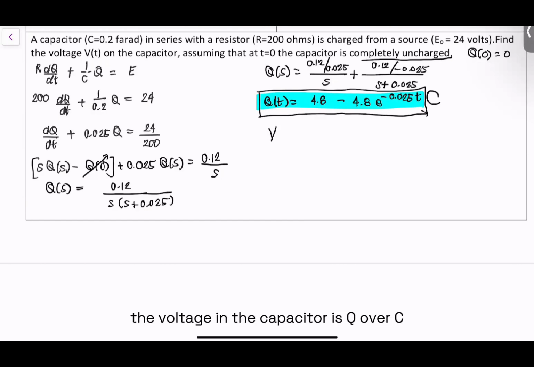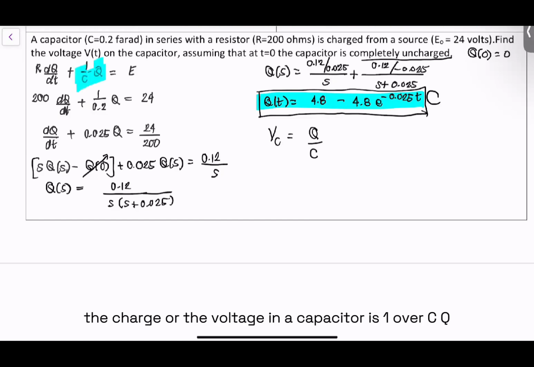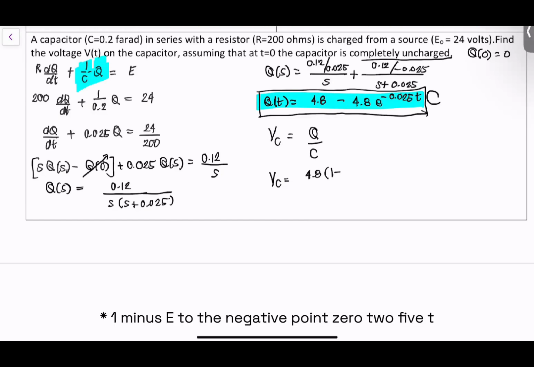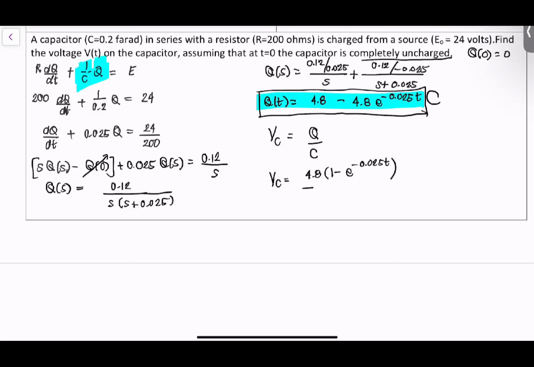The voltage in a capacitor is Q over C because the charge is CV. So we are also using this. The voltage in a capacitor is 1 over C times Q. So we divide the charge that we have computed by C. So the voltage in the capacitor is 4.8 times 1 minus e to the negative 0.025t, and we divide this by C, 0.2.